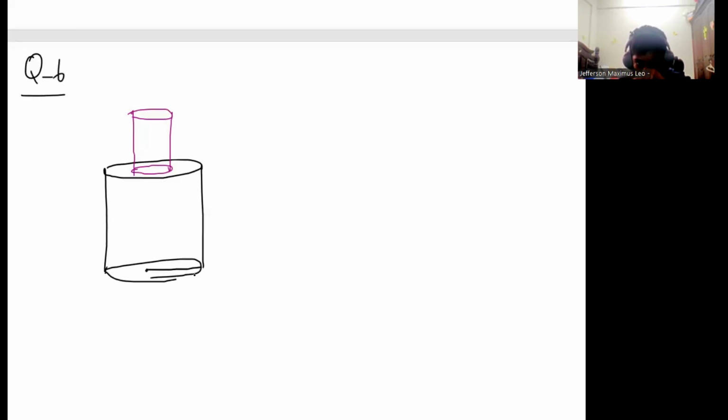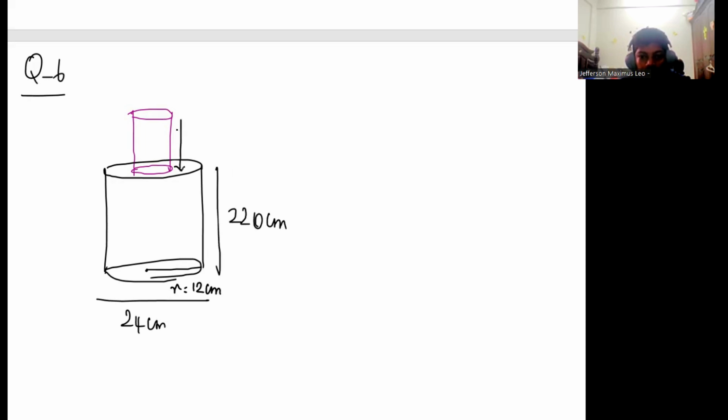So for the big one, the diameter is given. Diameter is equal to 24 centimeter. From that, radius is equal to 12. And the height of this portion is equal to 220 centimeter. And the top height, from this to that, is equal to 60 centimeter. And here radius is equal to 8 centimeter.